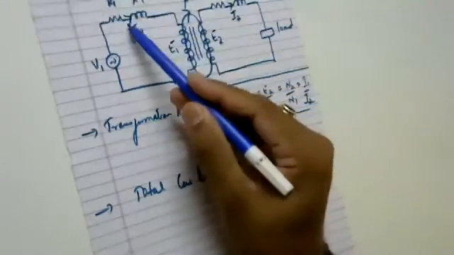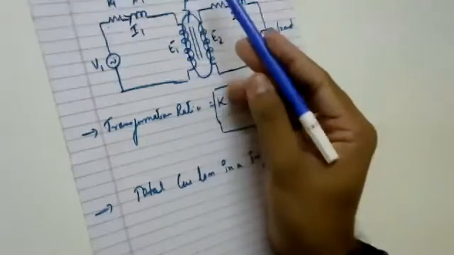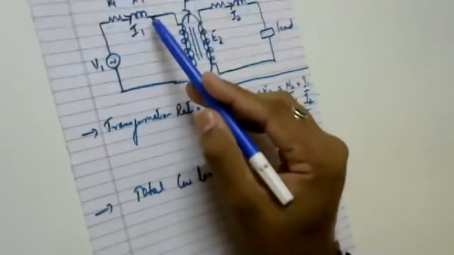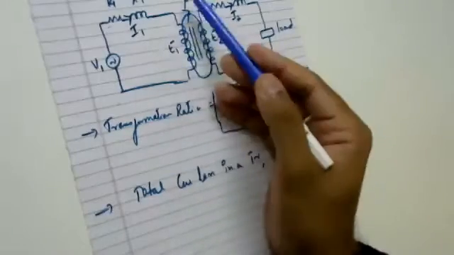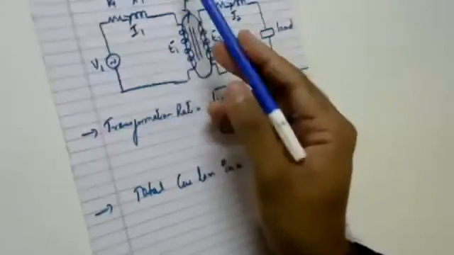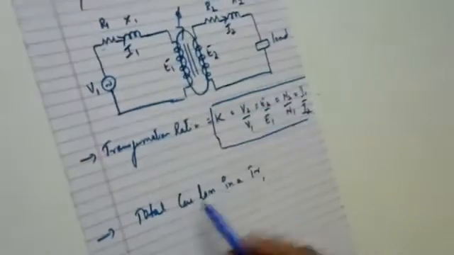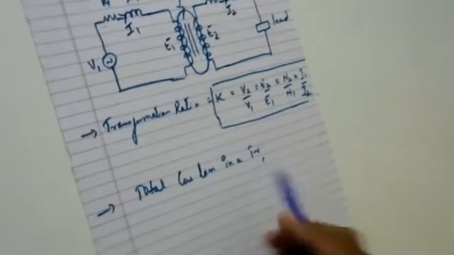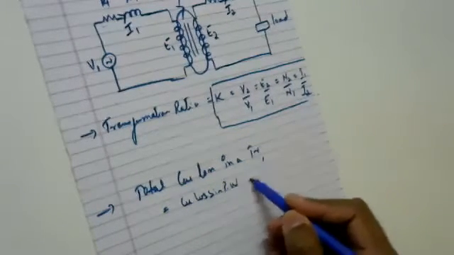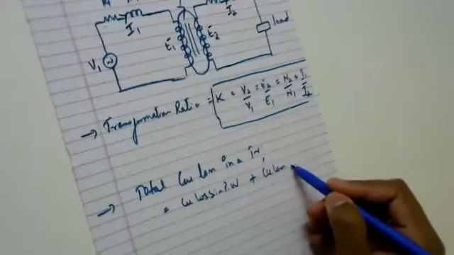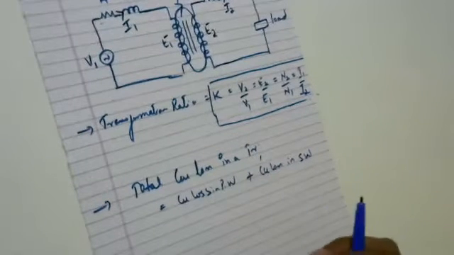When current flows through this resistance, I square R loss takes place, because the resistance dissipates power in the form of heat. That heat loss is given by I1 square R1 for the primary, and similarly I2 square R2 for the secondary. So the total copper loss in a transformer is the copper loss in the primary winding plus the copper loss in the secondary winding.